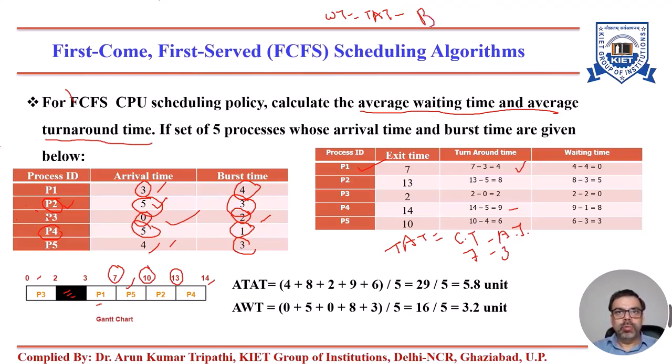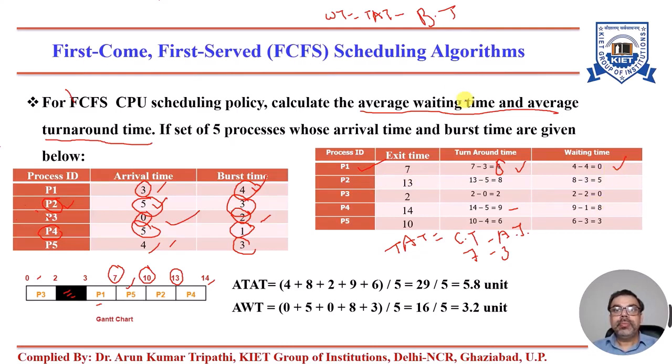So here, what will be the burst time? Let us see. P1's turnaround time is 4 minus burst time. Burst time for P1 is also 4. So 4 minus 4 is 0.